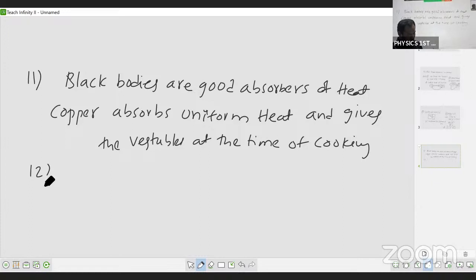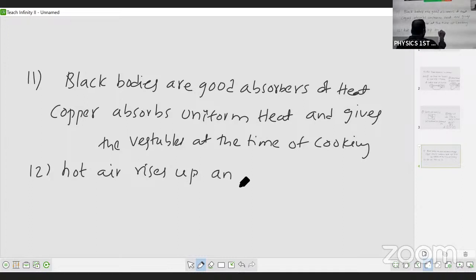Ventilators are provided in the room just below the roof, meaning hot air rises up. Hot air is low denser. Hot air rises up and cold air comes in. Otherwise, you write directly.